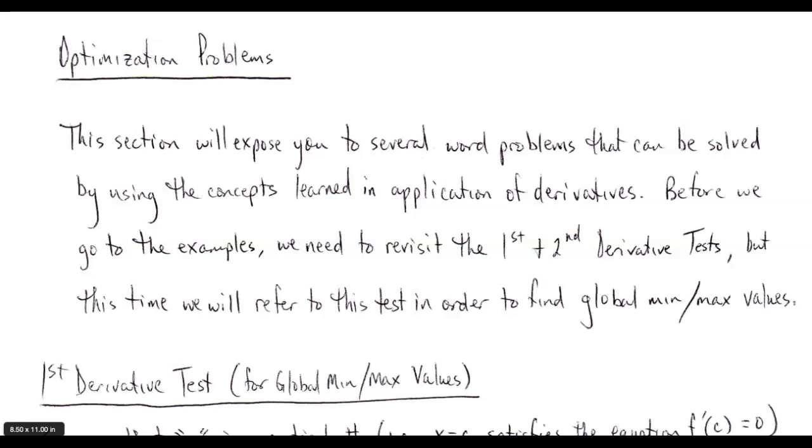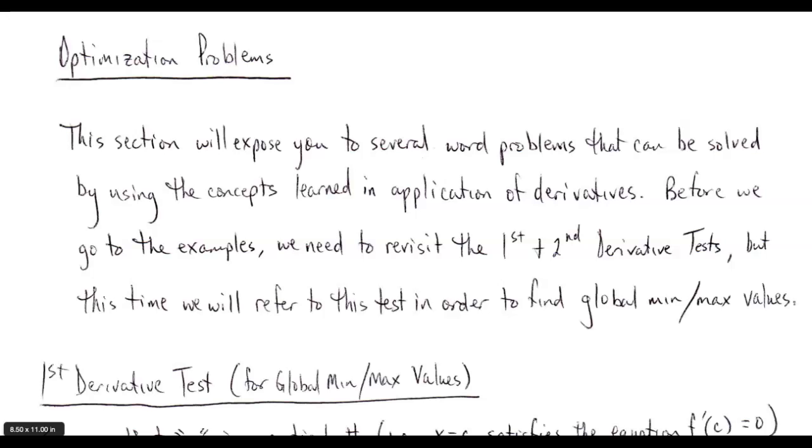And so the first derivative test and the second derivative test both help us to be able to find local max and local min values and where those local max and min values actually happen.